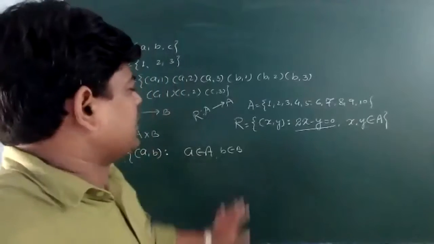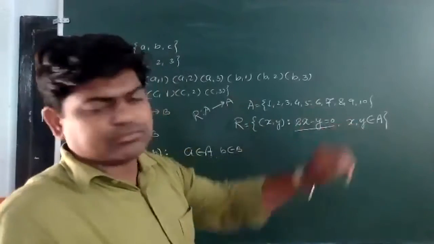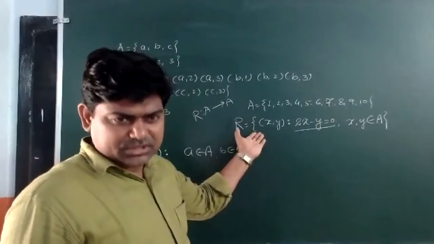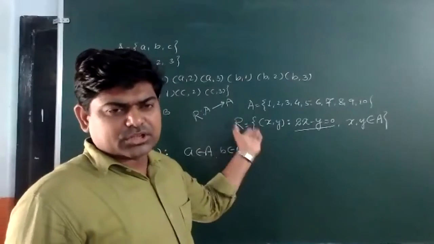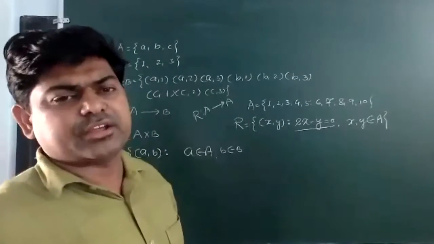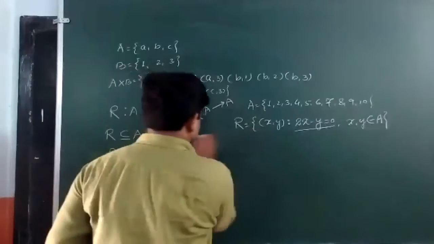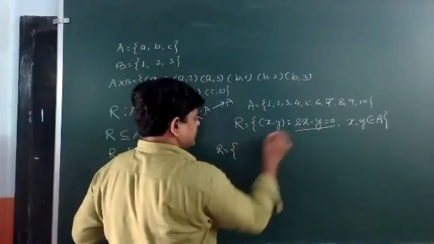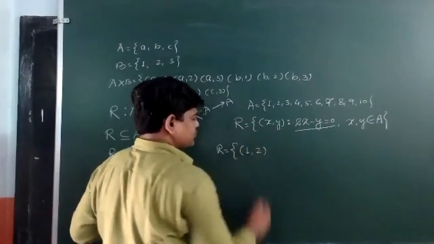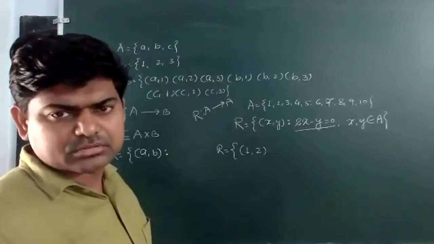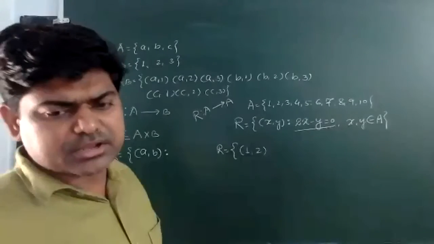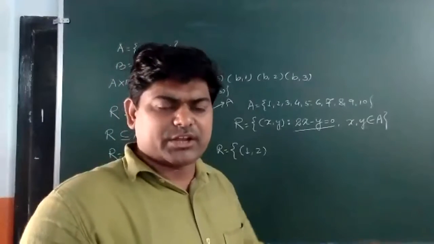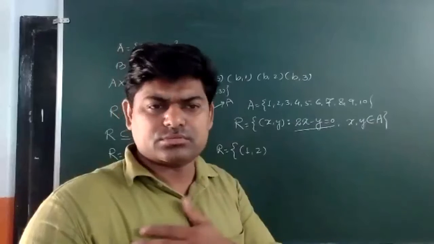Now see here, one relation is written in this form. Definitely it is called the set builder form. Am I correct or not? Now suppose I want to write it in roster form, what should it be? R is equal to... When I take x is equal to 1, definitely y will be... 2x minus y is equal to 0, so 2x is equal to y, we will get or not? So when I take x is equal to 1, y will be 2.